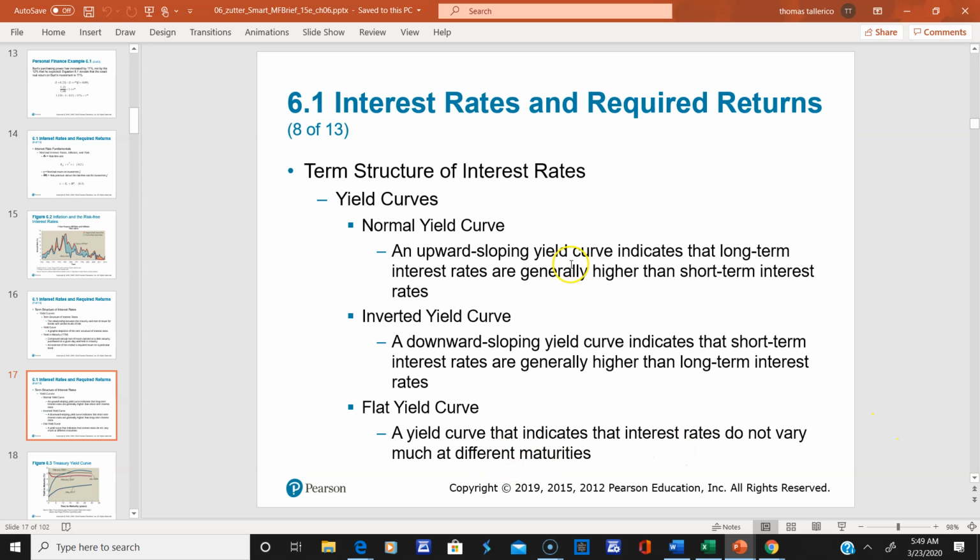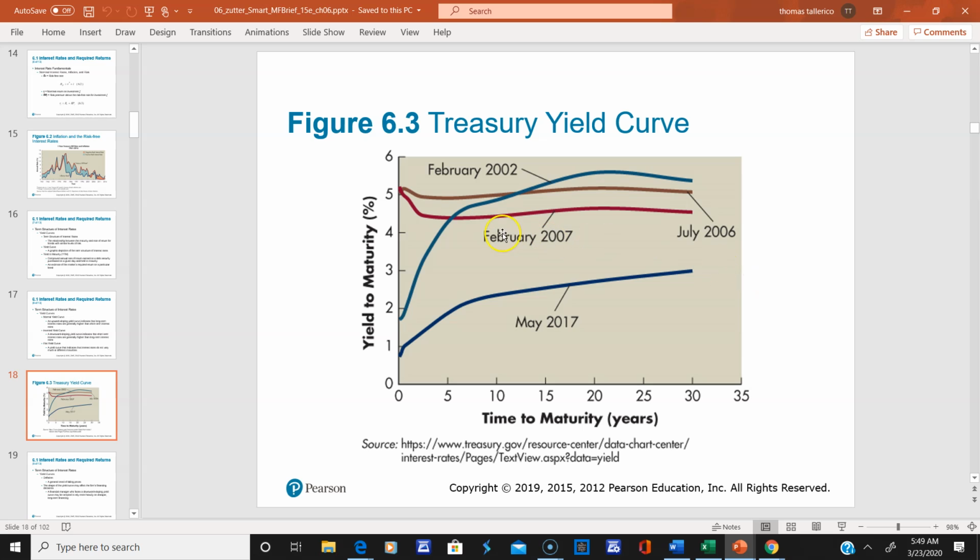So there are 3 types: a nominal, an inverted, and a flat. And here they are. Here is an inverted yield curve, and here are positive yield curves.